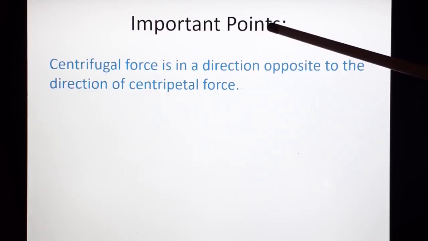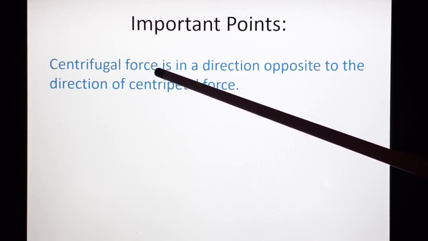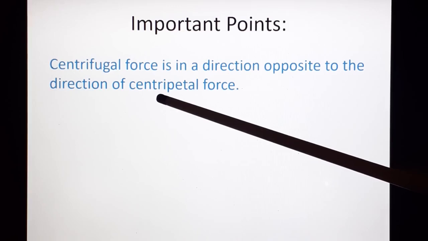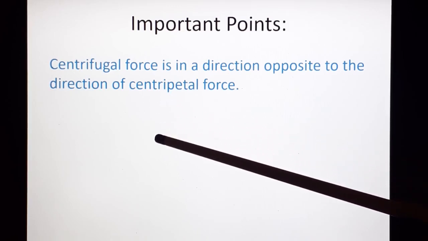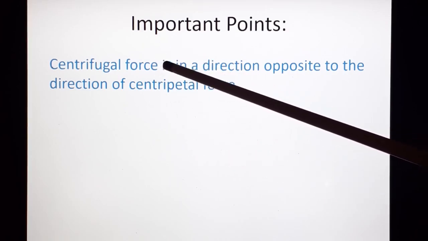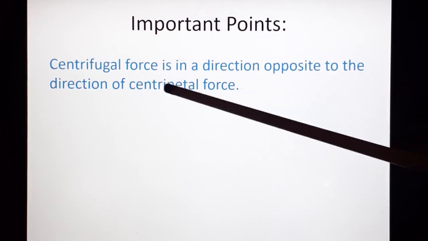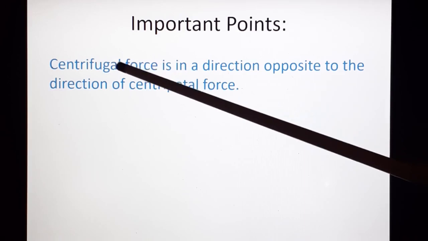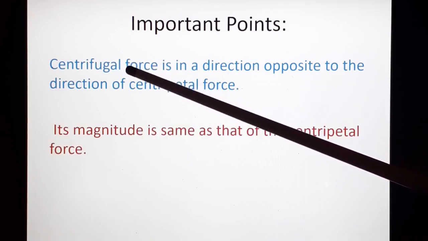Next, certain important points related to centrifugal force. Centrifugal force is in the direction opposite to centripetal force. Definitely, centripetal is towards the center of the circular path, while centrifugal force is trying to throw the object away from the center of the circular path, right?